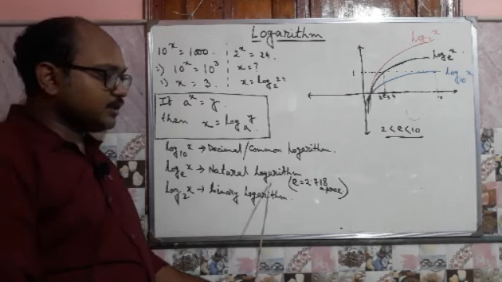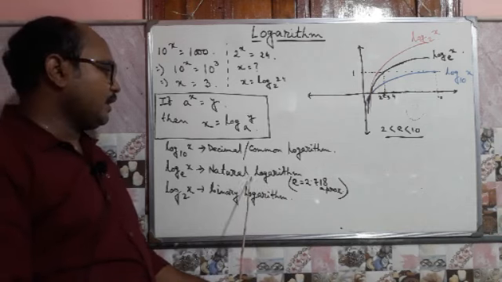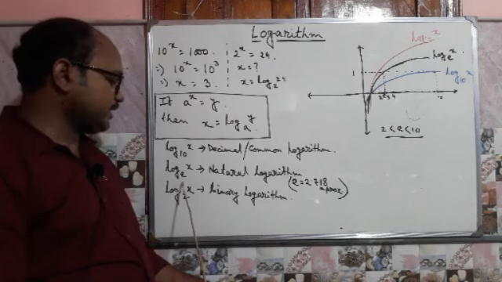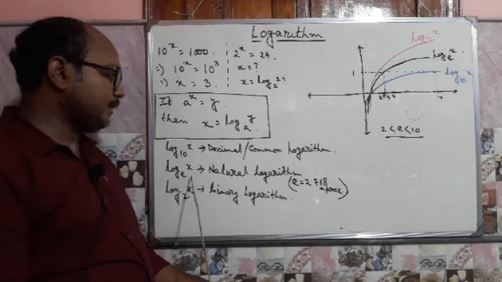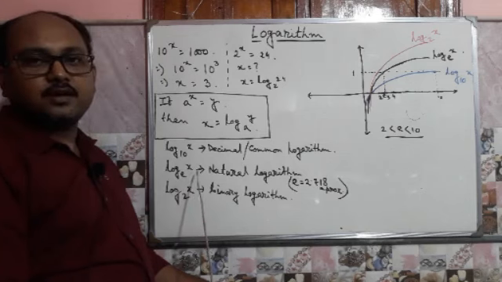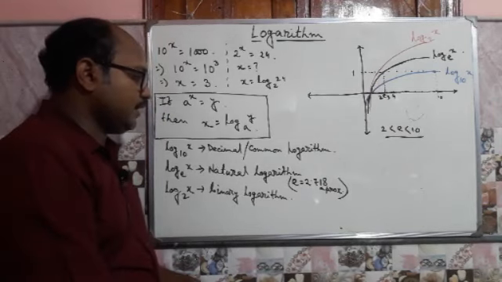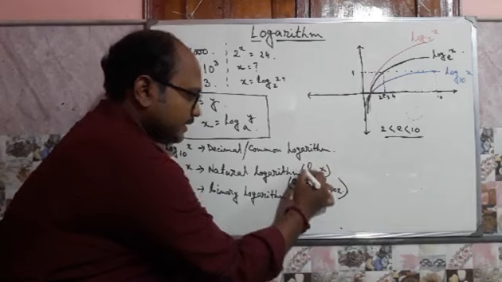Natural logarithms are used in physics and in maths. Why? As the derivative and integration of log x to the base e is easier. This one is also written as ln x.